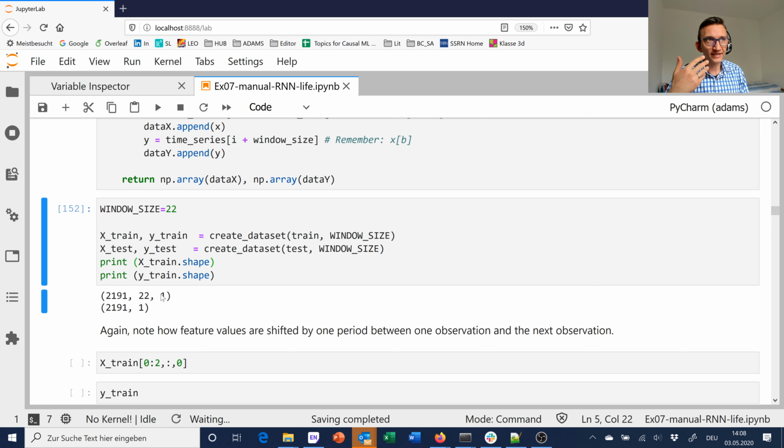But in order to predict the Amazon price, we could not only consider the past prices of Amazon, we could also consider, let's say, past values of the Nasdaq stock index or the Dow Jones index, or we could consider past prices of Google and other tech companies. We could have a multivariate setting. And this last dimension here is used as the number of features if you handle multiple features in one go.